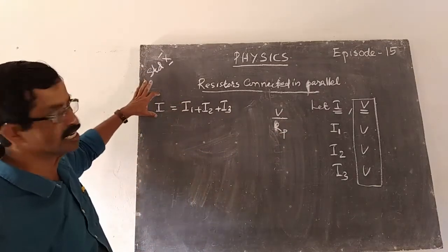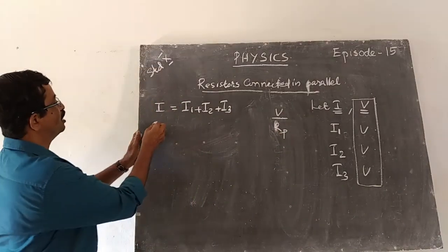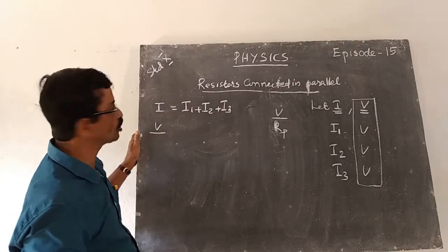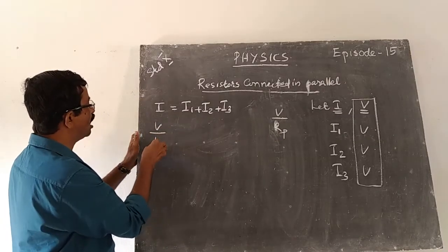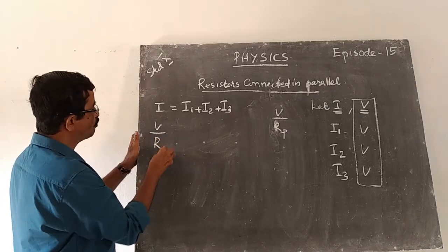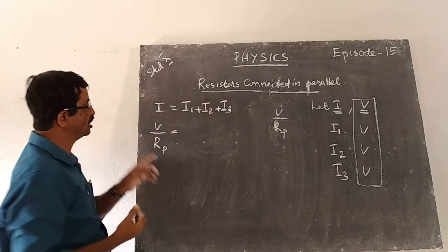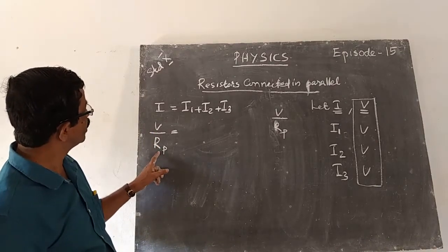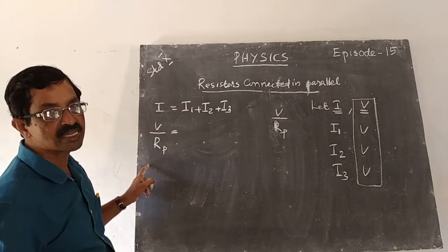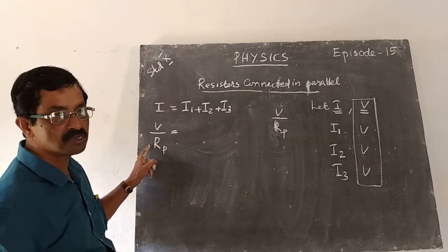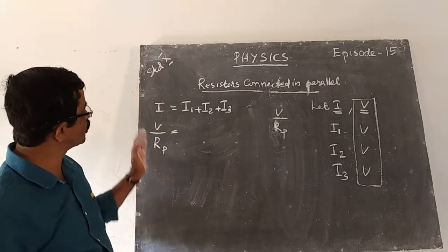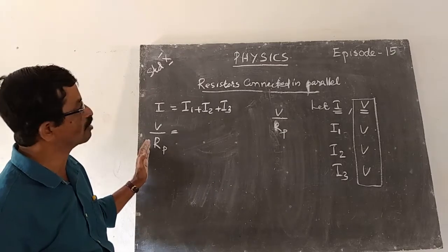So the current by Ohm's law is V by Rp, where Rp is the total resistance of this parallel combination.